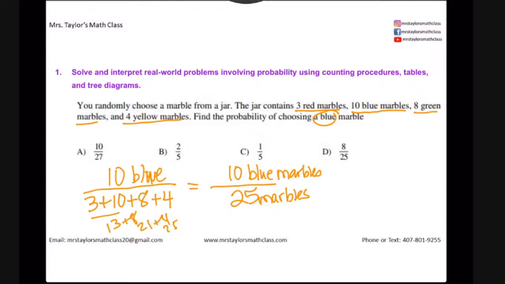So you're going to have to simplify your fraction. So we have 10 over 25. You can divide both the 10 and the 25 by 5, and you get 2 over 5. And it would be answer choice B. See, that's all.